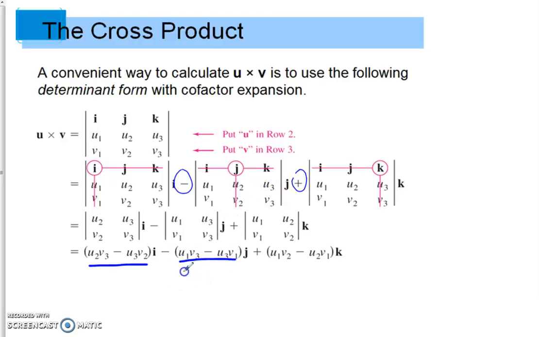And finally, the third one is plus, and this time I cross off the first row and the last column, and I get u1 times v2 minus v1 times u2. That's the third one right there.